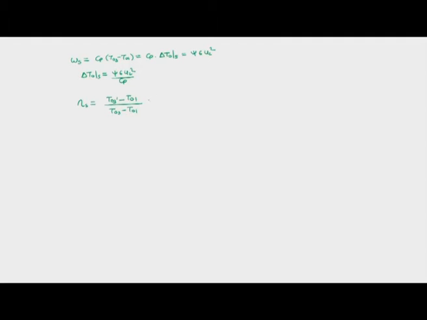Stage efficiency means W stage ideal divided by W stage actual. So for W stage ideal we have Cp into delta T0 ideal, divided by Cp into delta T0 actual. Cp cancels, so we have this formula for stage efficiency.